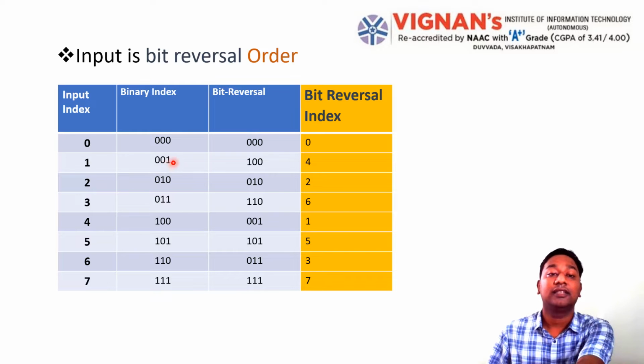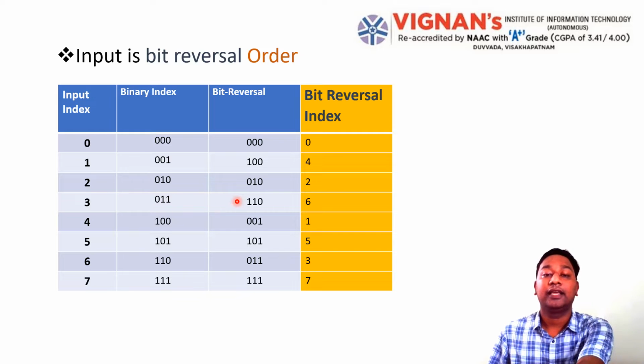Now the next index is 0, 0, 1. Its bit reversal will be 1, 0, 0, because the 1 will come to the first position. So 1, 0, 0 is 4. Similarly, 0, 1, 0 stays the same because the 0 comes in the first position, 1 in the second position and 0 in the third, so the value of 0, 1, 0 is 2.